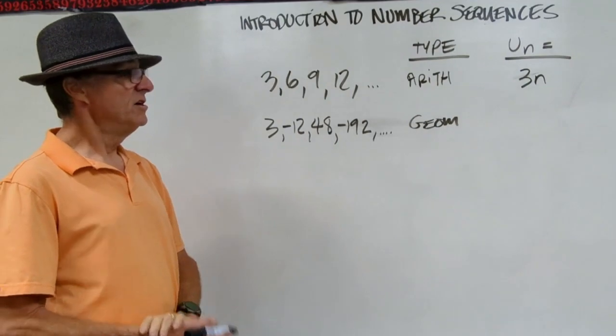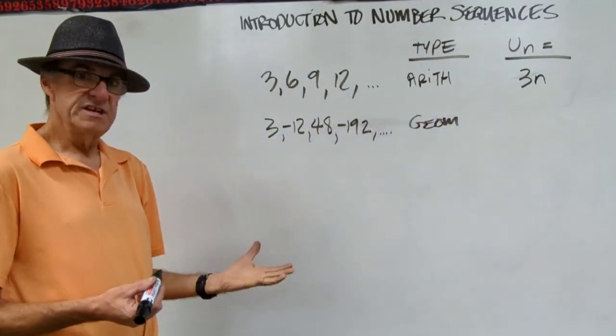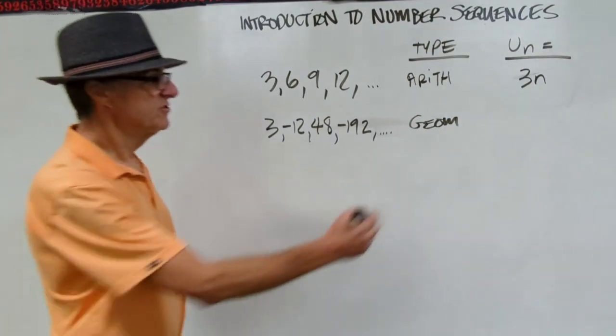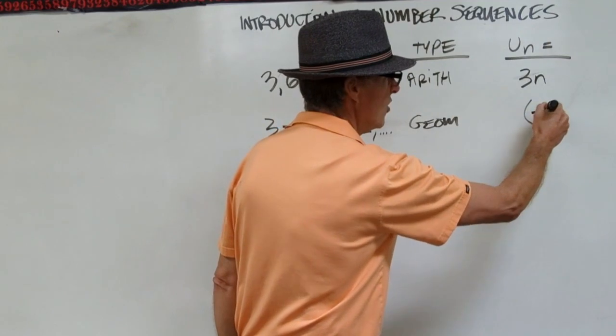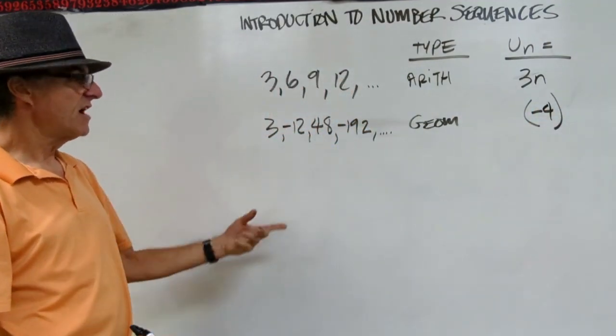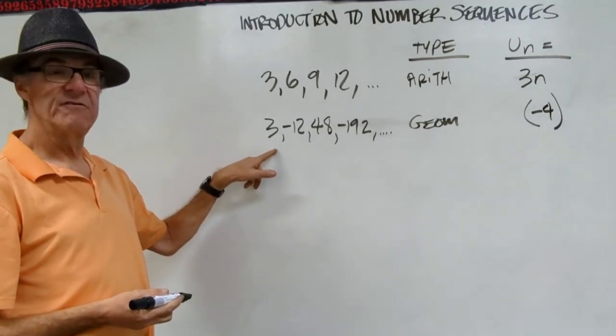Now, coming up with the general term formula is a little bit more tricky. But here's what we need to do. We're going to multiply by -4 each time. So I'm going to go ahead and put my -4 in here. Okay? Now, I need to figure out how I would get 3 by multiplying it by -4.